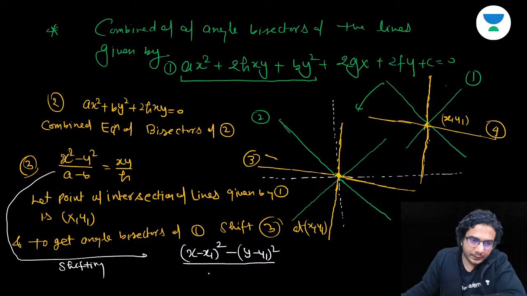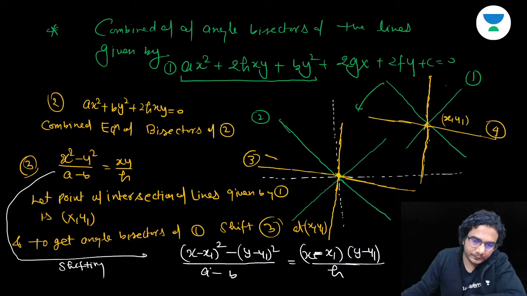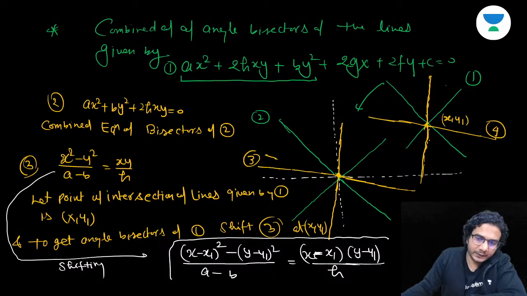Divided by, so x is replaced by x minus x1, y is replaced by y minus y1, divided by a minus b is equal to x minus x1 into y minus y1 divided by h. Okay, so this is the equation of angle bisectors.